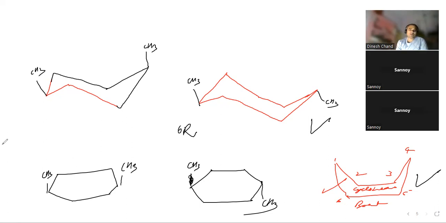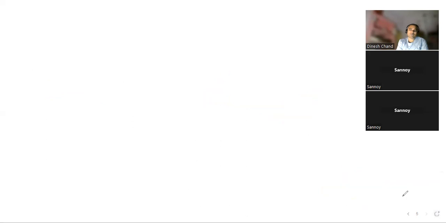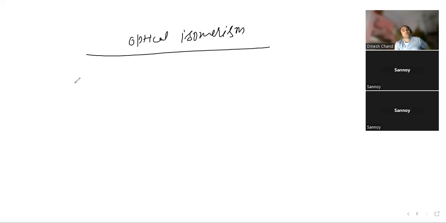Now we are going for optical isomerism. Here is optical isomerism. It should have an asymmetric carbon.